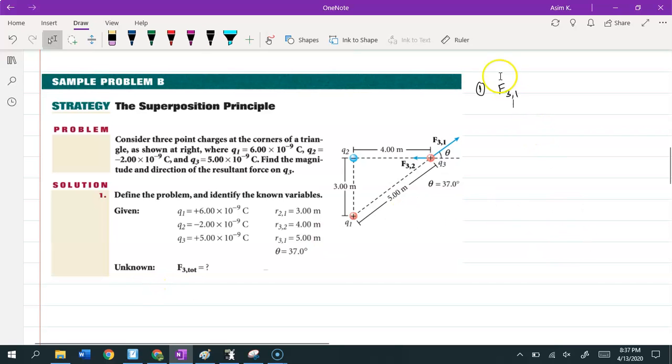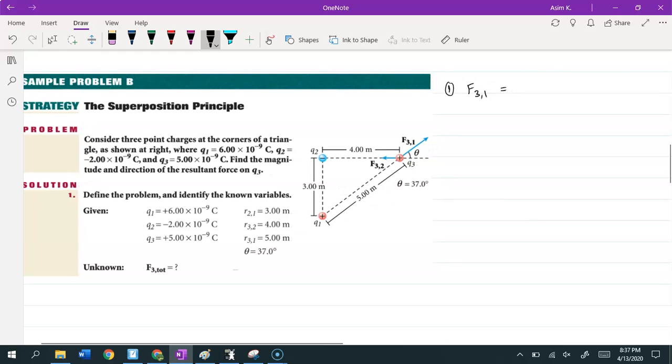So the force exerted on charge 3 by charge 1 is equal to, and of course we're talking about the electric force here, not gravitational forces anymore, the constant, Coulomb's constant, K sub C, multiplied by Q sub 1 and then Q sub 3, divided by the distance between 1 and 3, which is clearly labeled for us.